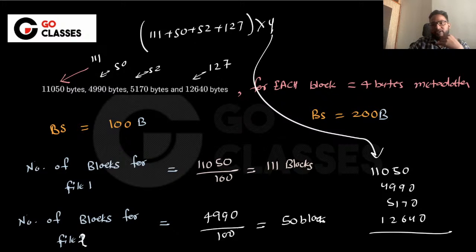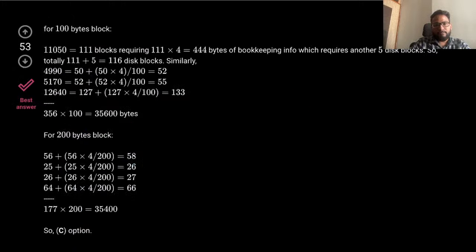So that's how you can calculate using the 100 bytes. What will the answer be here? Let me just show you the answer. 111 blocks required, so this much extra, these many bytes you require extra for bookkeeping information, another 5 disk blocks.